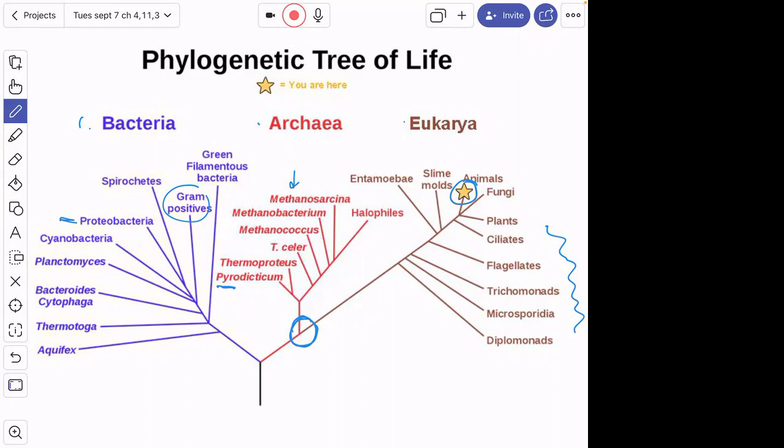Right? One other question, what about viruses? Where do you think viruses would fall in this scheme? Kind of a trick question. Remember, this is based on ribosomal RNA sequencing. Actually, viruses don't have ribosomes, and we haven't talked about them yet.